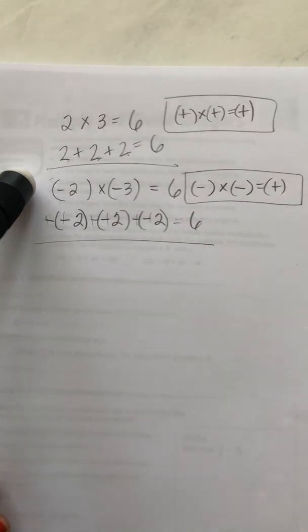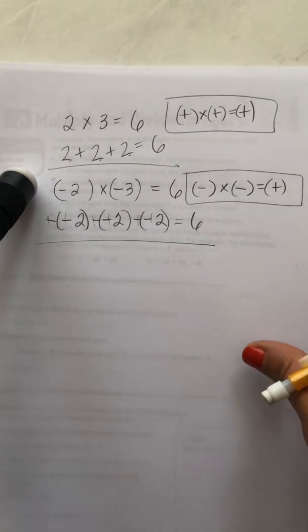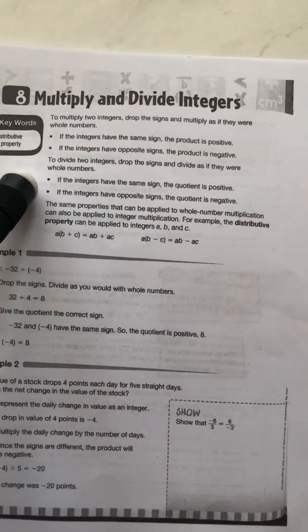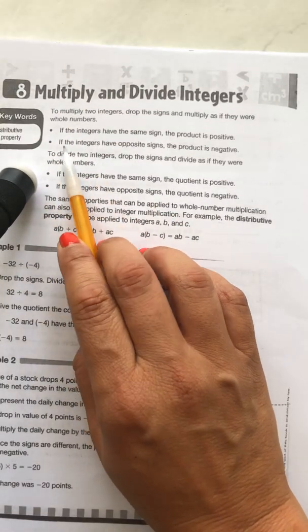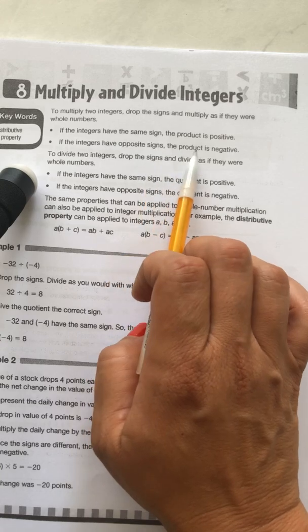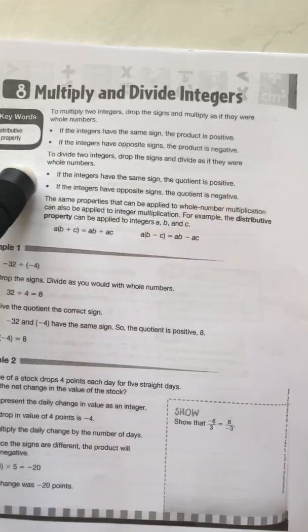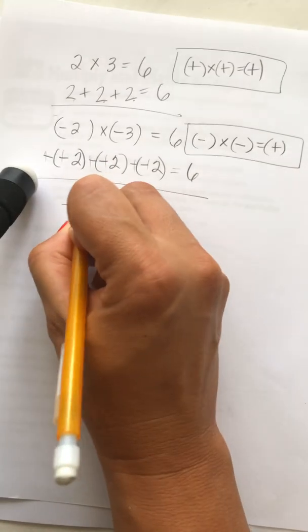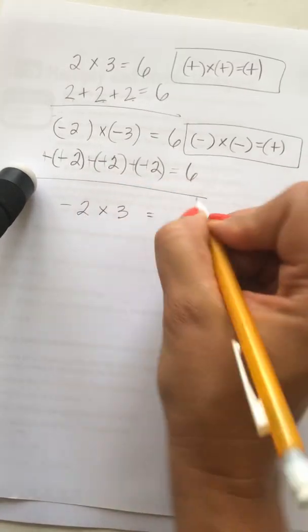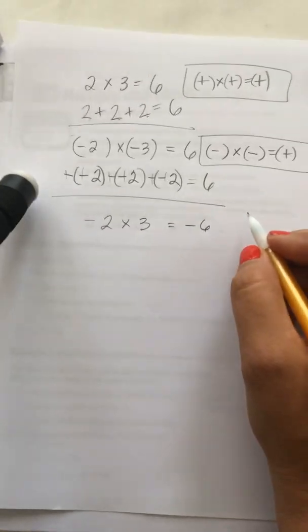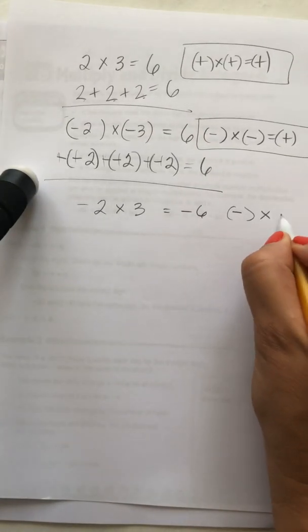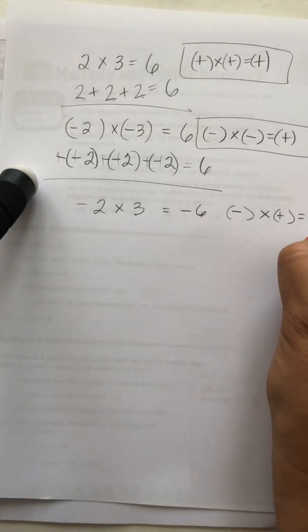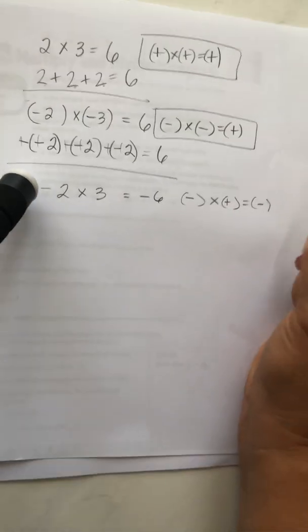And then the next rule, which I'm sure they're gonna say right here, if the 2 integers have opposite signs, the product is negative. So what that means is if I have negative 2 times 3, that equals negative 6. So a negative times a positive equals a negative.